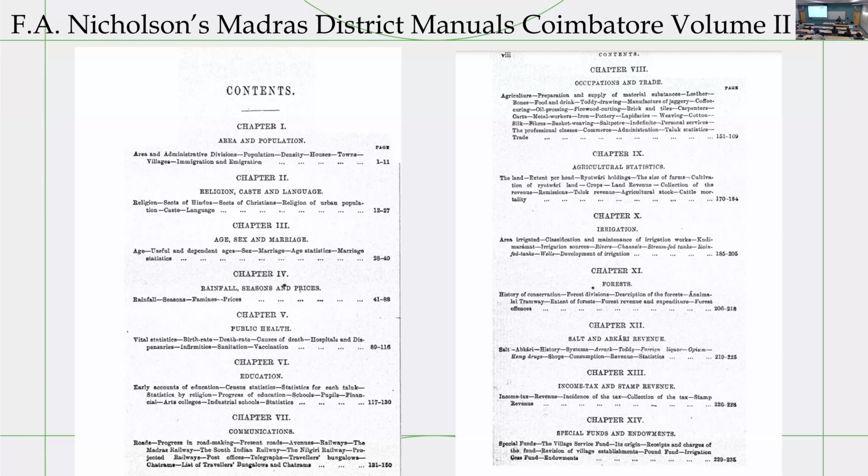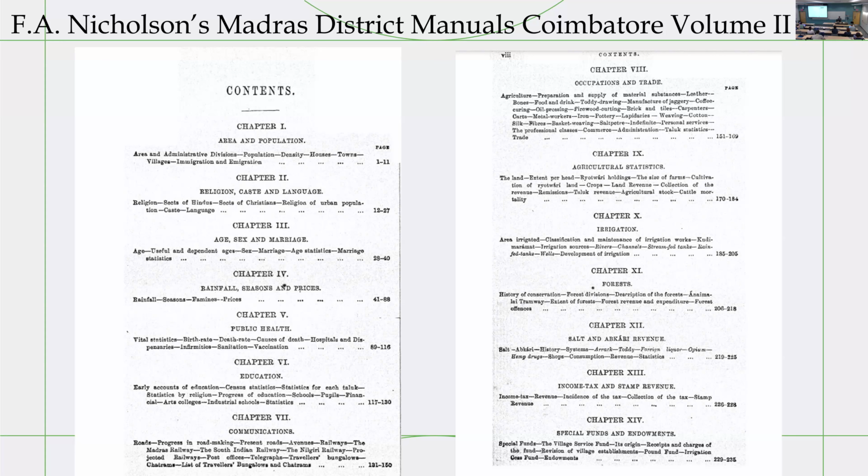I will give you a brief look at the Madras district manual for Coimbatore. You can see numerous topics have been covered. Of course, it's a manual, I understand, but how do we use it today for extracting information by using computational approaches?